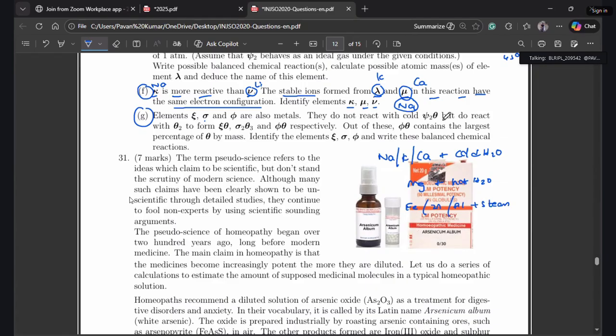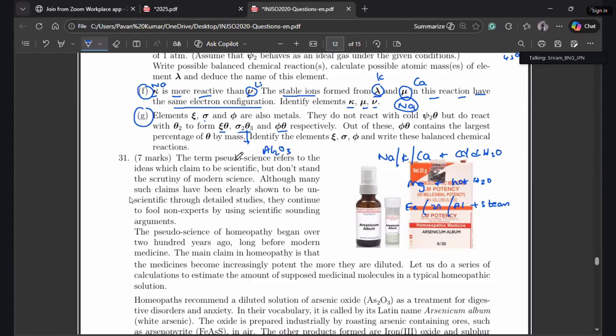Based on that, they do not react with cold water, but react with theta to form epsilon theta, sigma2 theta3 and phi theta. Based on that, we can easily find out. If you do the criss-cross method for this, we can easily say that it is Al2O3.